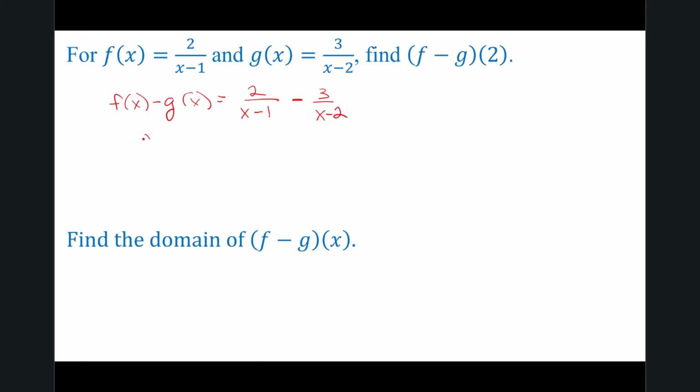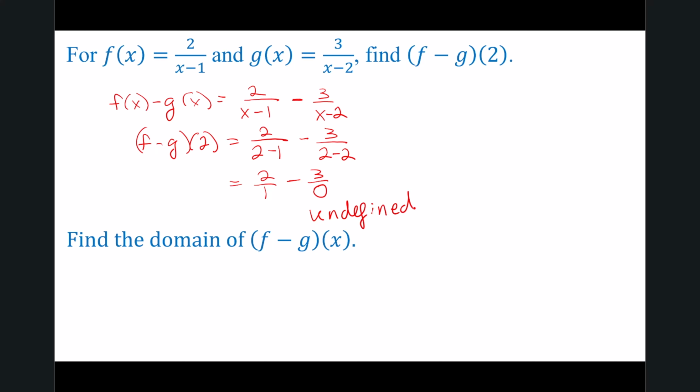So to find f minus g of 2, we substitute 2 in for all the x's. So we have 2 over 2 minus 1 minus 3 over 2 minus 2, which is 2 over 1 minus 3 over 0. Notice this is not defined. So f minus g of 2 is undefined.